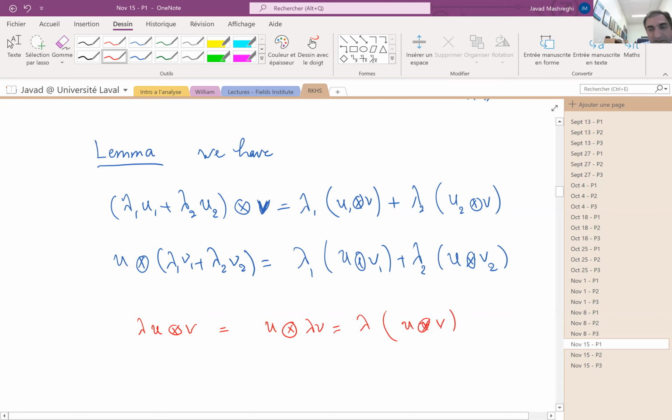That's a special case, which comes out of these two, if we take lambda 2 equal to 0 and change, of course, lambda 1 to lambda.